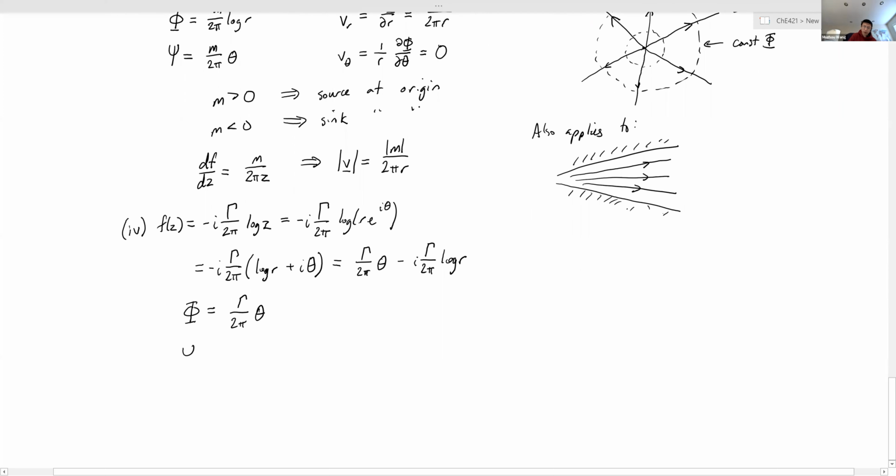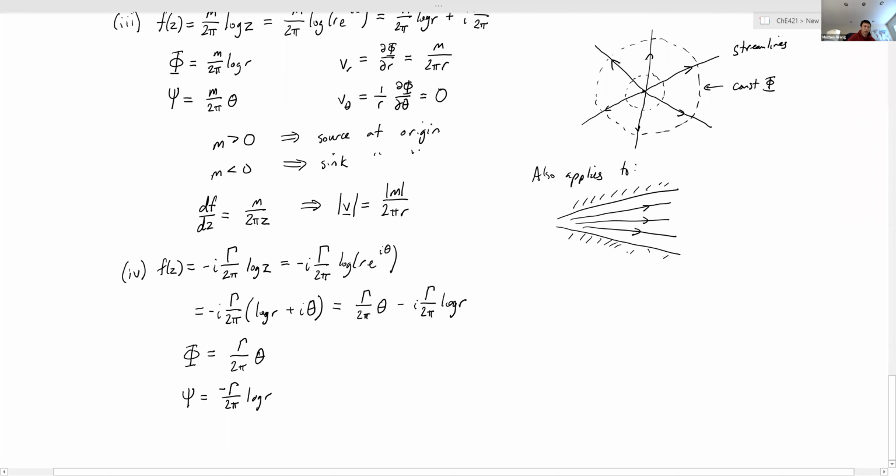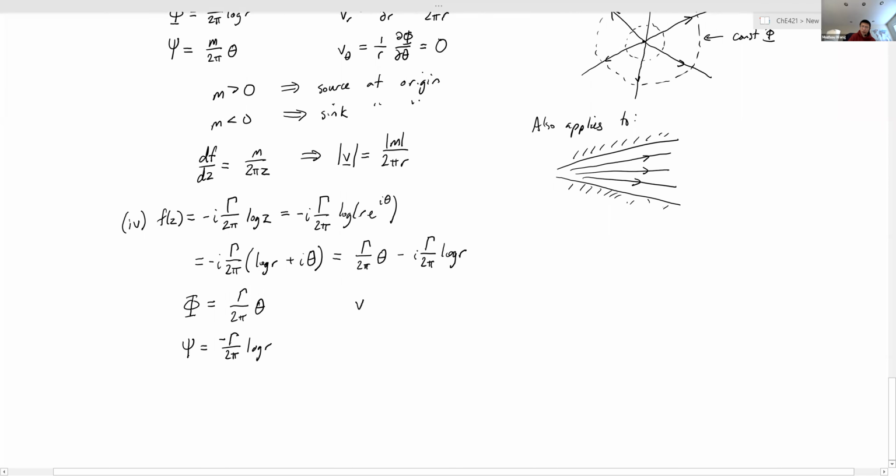And the stream function is negative gamma over 2 pi times log of r. Okay. And so it's, again, as if the potential and the stream functions were switched, right? You can imagine what the plot would be, but before I do that, I'll just go ahead and calculate the velocity components again.